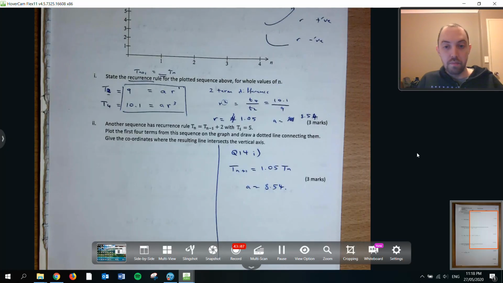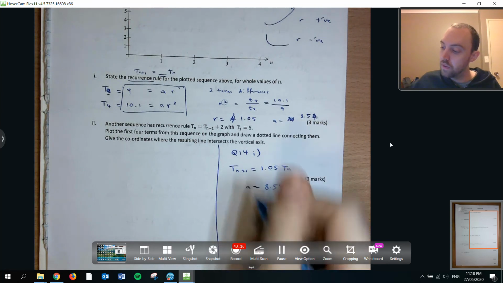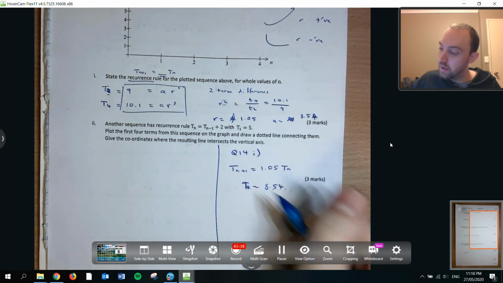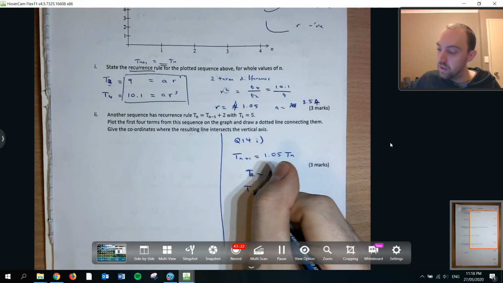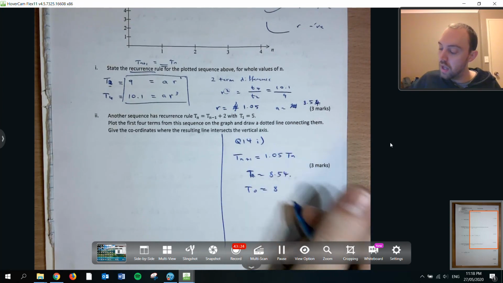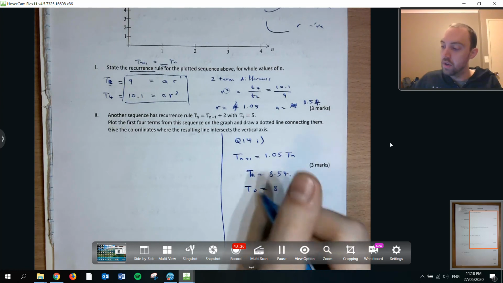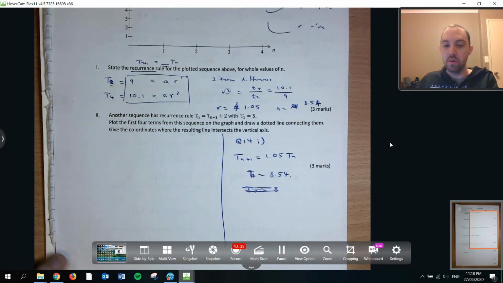Anyways, that's my recursive formula. Sorry, T1 is equal to 8.54. If you wanted to, you would actually get T0 is equal to 8 by going back another term. But we don't really need that so much.